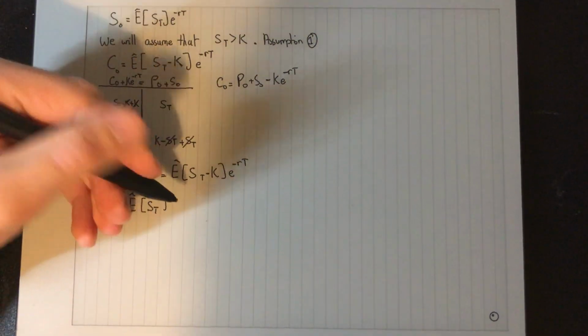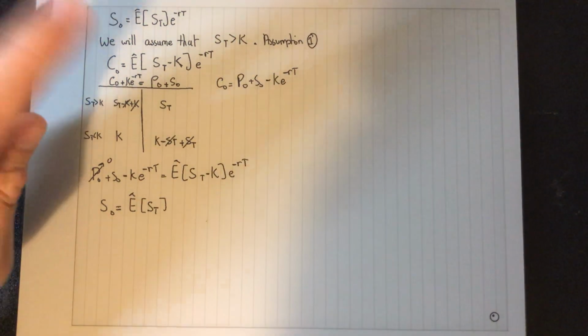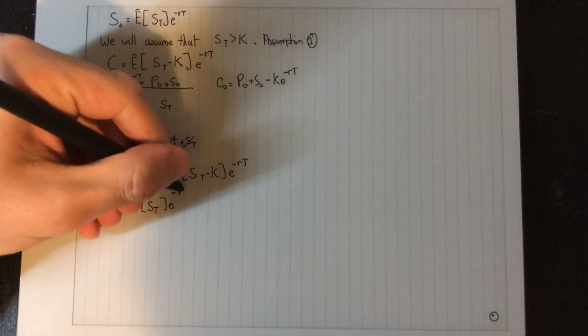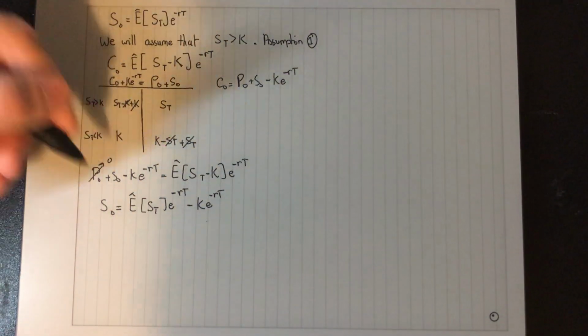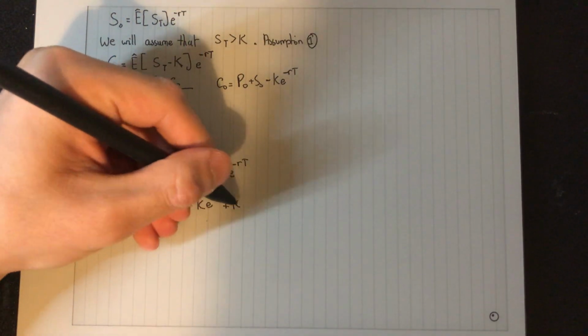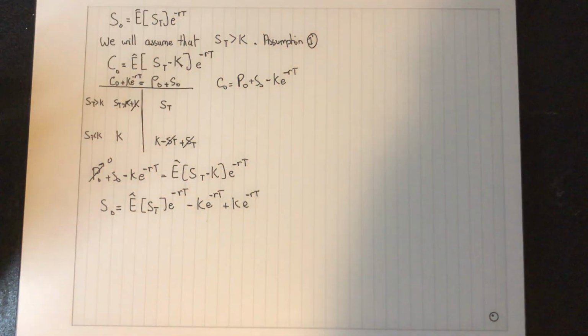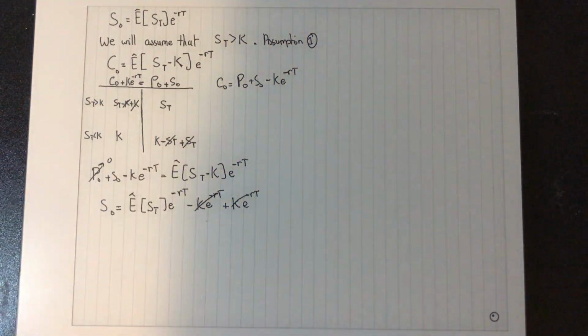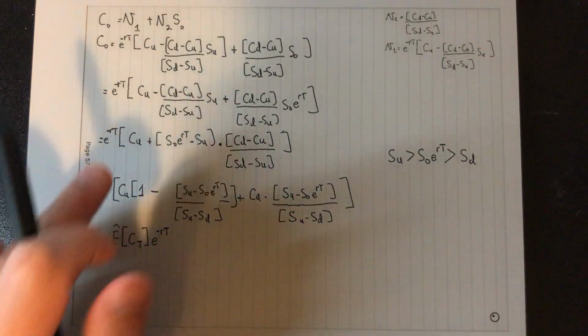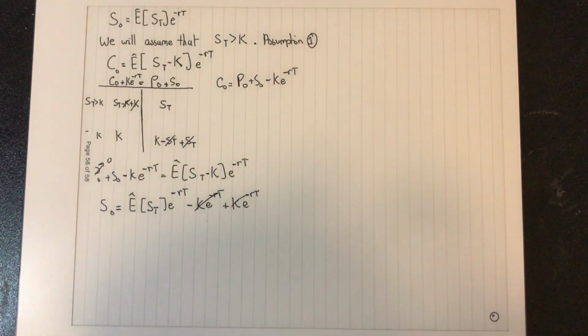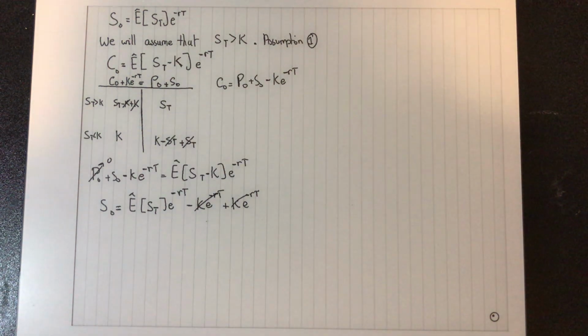So we can have e to the power of negative RT, and then minus K e to the power of negative RT, and then since we move this to the other side, plus K e to the power of negative RT. And therefore, those two cancel out, and we arrive at this equation. So that's the concept of how this equation interprets as that equation via no arbitrage.